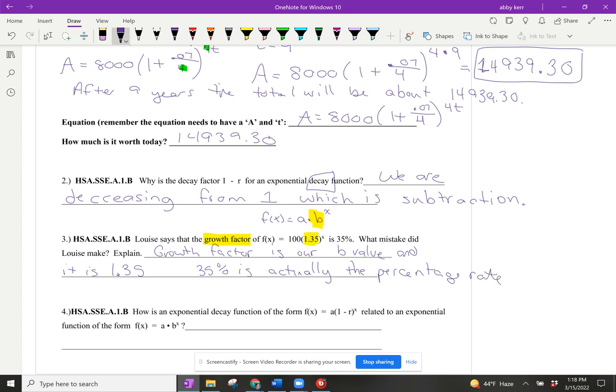Now, the 35% helps us get the growth factor because we have to convert it to a decimal, eliminate the percentage, and add it to 1. But if we are talking about the growth factor, that's our b value, and that's this when we do the 1 plus 0.35. So the 35% is actually the percentage rate.